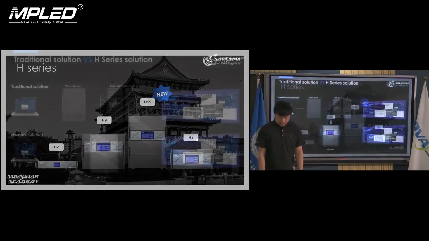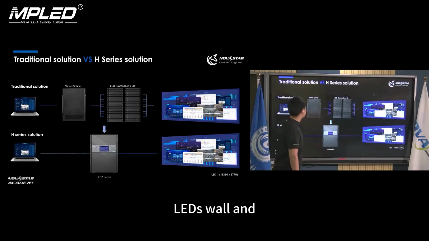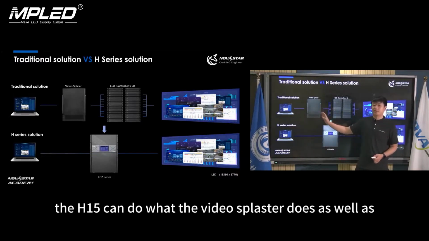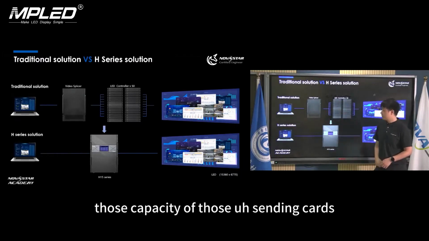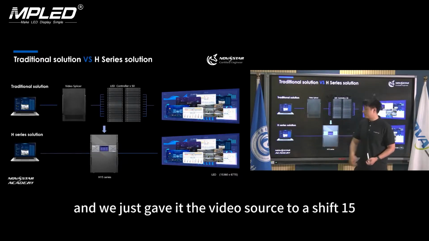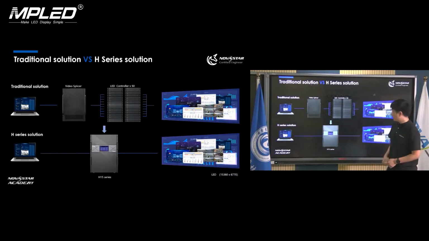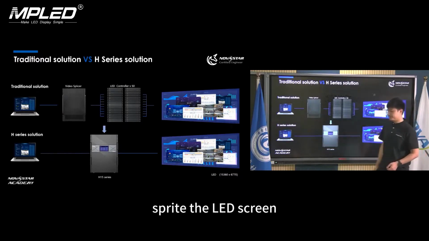Compared with the traditional solution for this 16K LED wall, we can see the H15 can do what the video splicer does, as well as include all the capacity of those sending cards. So we just need 1 unit here, we just give the video source to H15, and it is able to manage all the video sources, splicing, scaling, and in the end directly drive the LED screen.